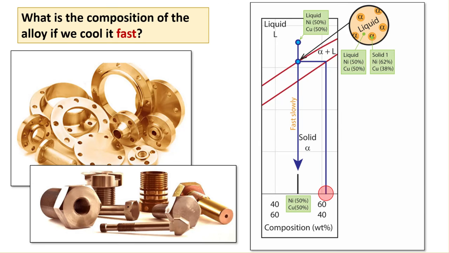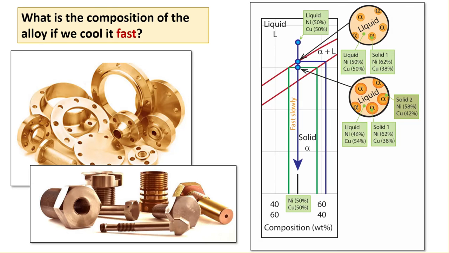Let's cool it some more. At this point, the solid will have 58% nickel. But because we are cooling the alloy down fast, the first solid will remain and the second solid will form around it.